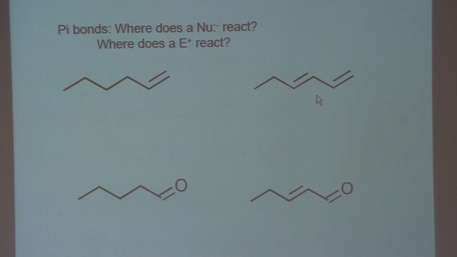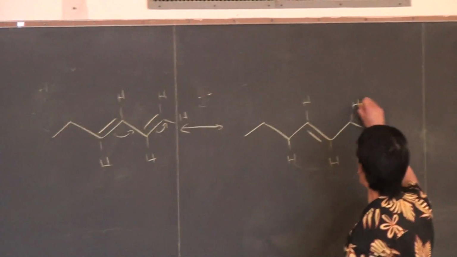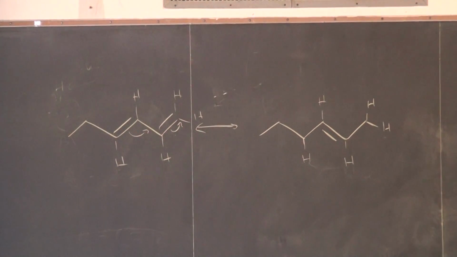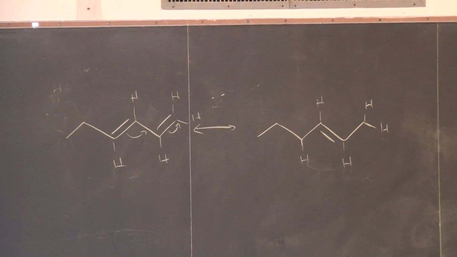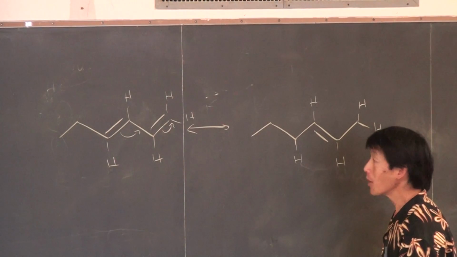If the pi bond is reactive, then you have a compound. But if it's just showing resonance, then you're not going to have a color. Okay, so what do we need to put on this structure? A negative charge on the far carbon, carbon 1.